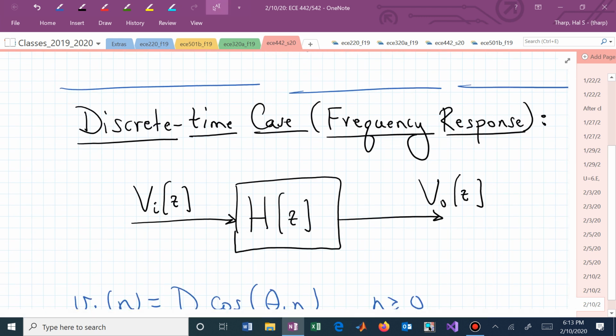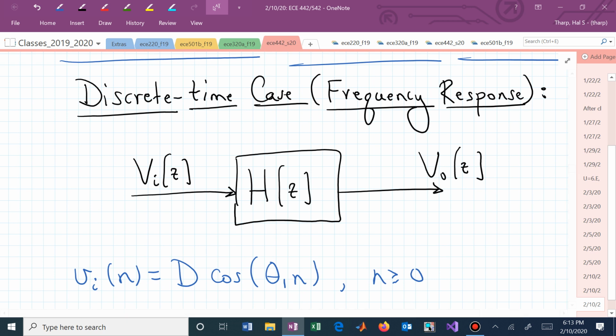What happens in the discrete time case? Frequency response, it's very similar. That's why I made you struggle. That's why we worked through or discussed the continuous time case.